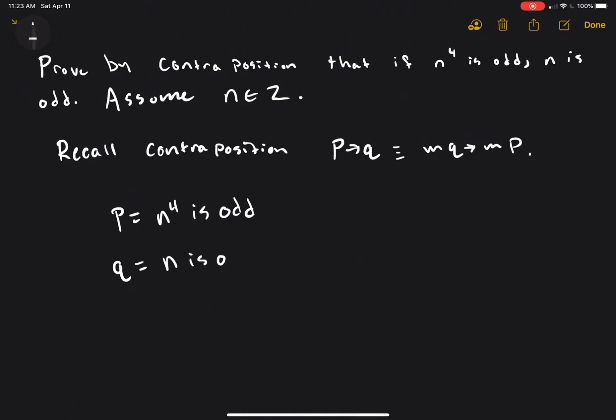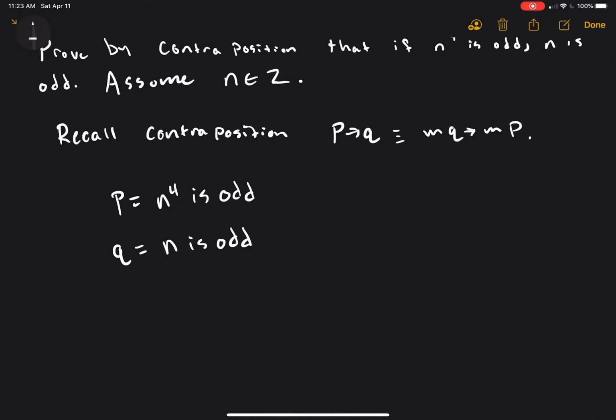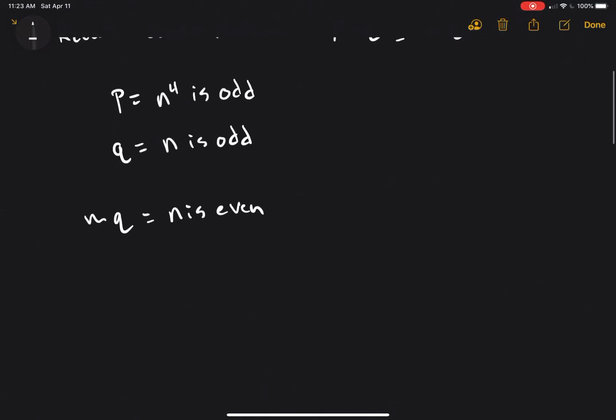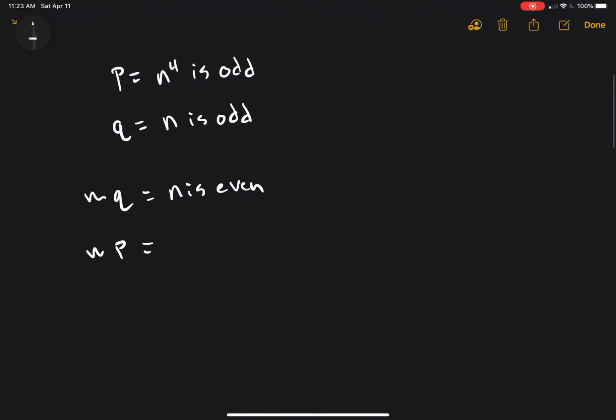Non-Q would just be n is even, because if a number is not odd, it's even. And we'll say non-P would become n to the fourth is even.